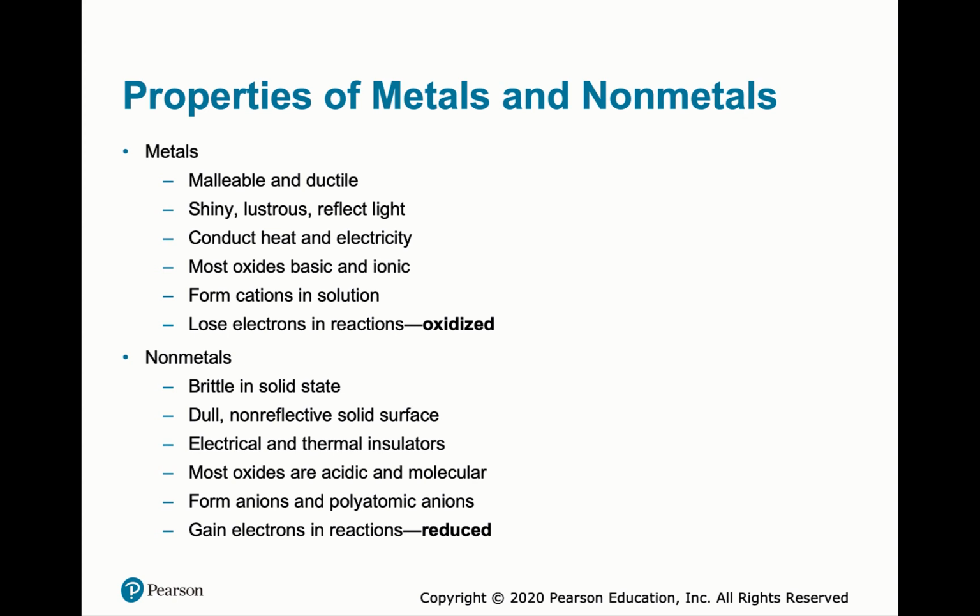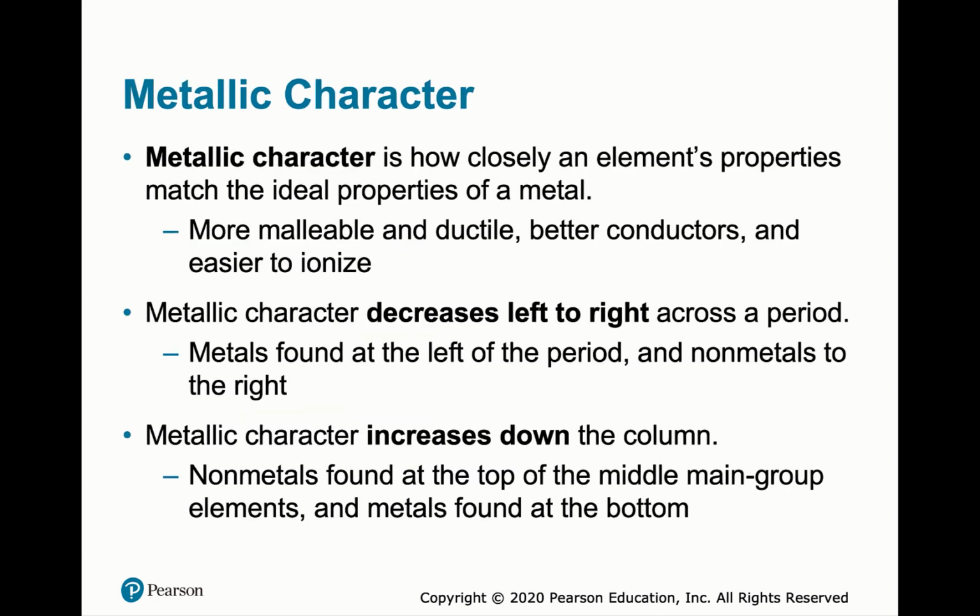Carbon as graphite is a conductor, and diamonds are one of the best thermal conductors there is. Their oxides tend to be acidic, and they can form anions and polyatomic ions, and they tend to get reduced more than oxidized, but they can also get oxidized. So they're almost like opposites of each other. It's like the nonmetals are the antimetals, almost.